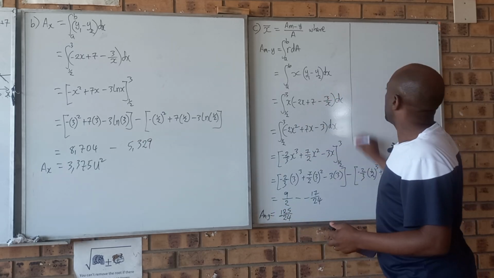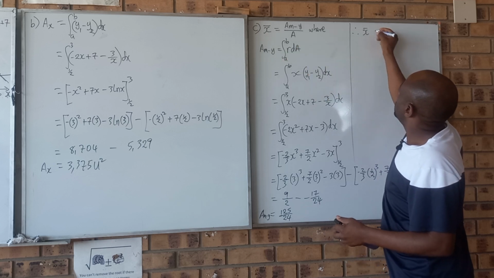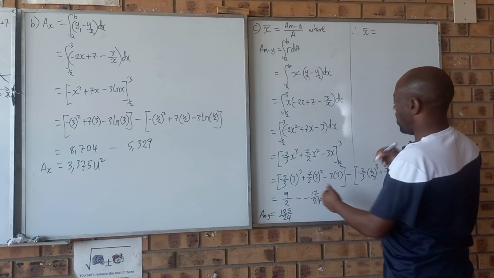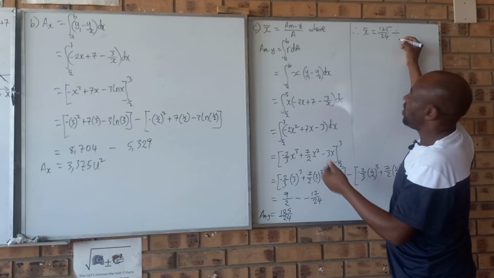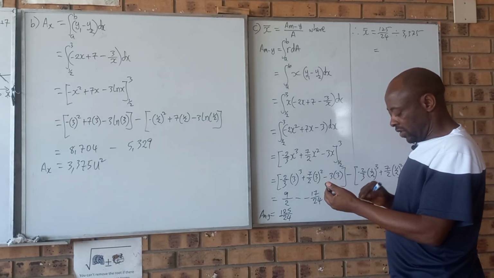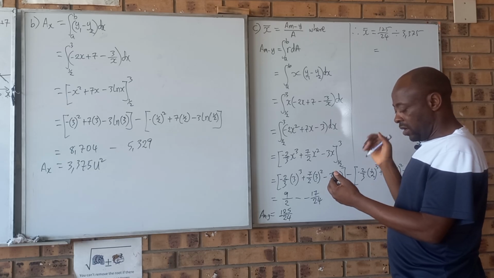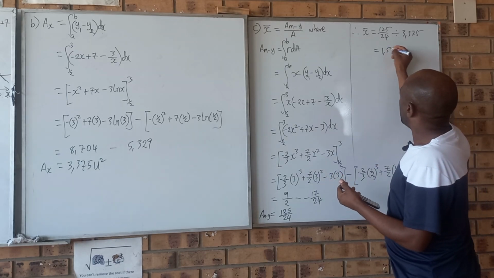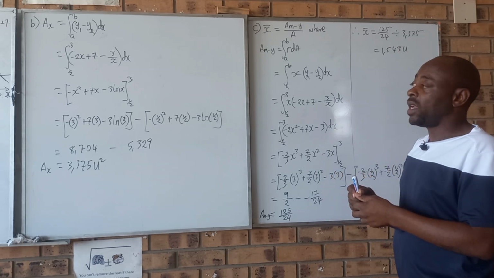So therefore, if I need x bar, I'll simply take the area moment about the y-axis, which is 125 over 24, and divide this by 3,375. If I do that division, it gives me 1,543 units as my x bar.